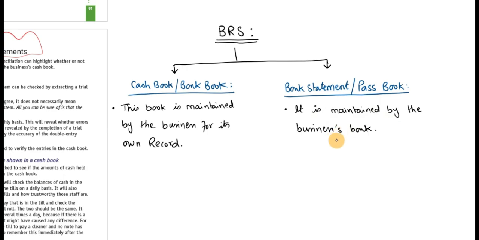It is maintained by the business bank, for example, ABC Bank Limited, etc. So the business bank will maintain the bank statement.